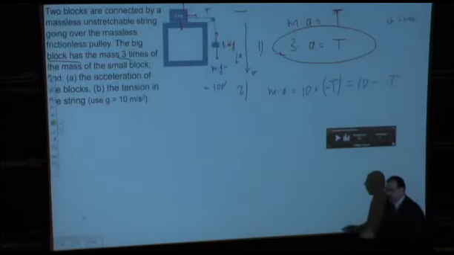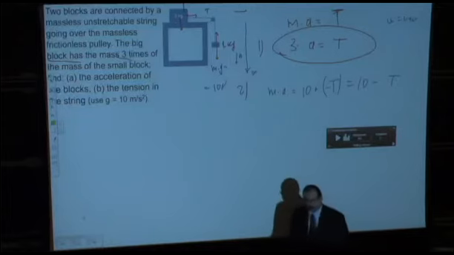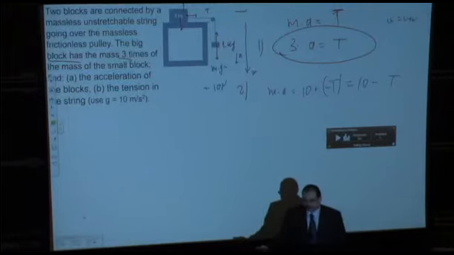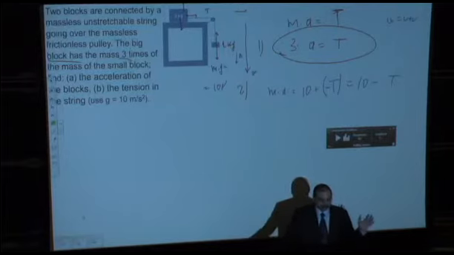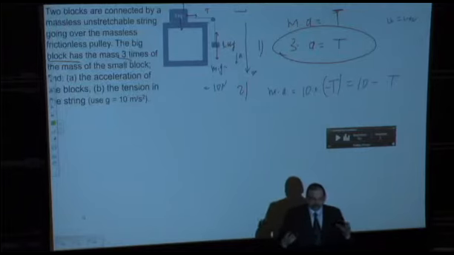Every time when you write a variable, any variable, A, T, M, G, you have to say, either out loud or to yourself, what does it mean? There's a list of meanings. It could be a letter which represents a vector, an arrow.